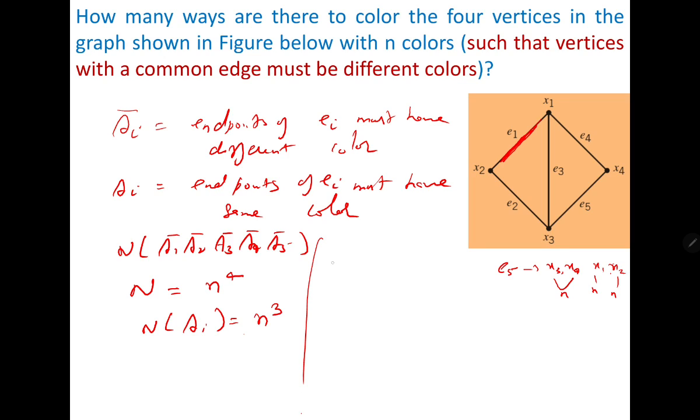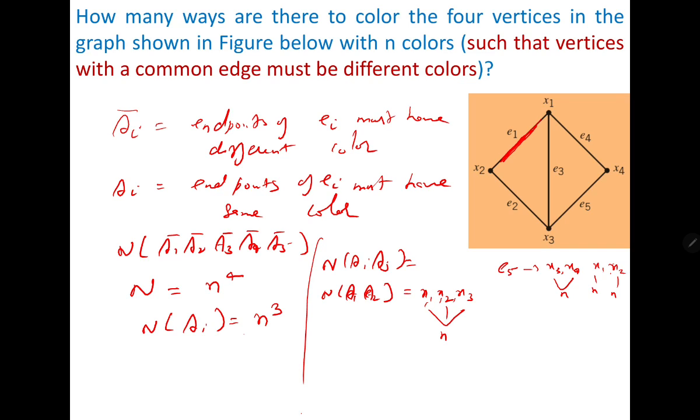If I consider n of AI AJ, if you try by yourself, you realize there are two possibilities. The one possibility is that, let me choose for example E1 E2. So if I compute n of E1 E2 or A1 A2, for A1 A2 3 endpoints are covered, x1 x2 x3, so n choices.